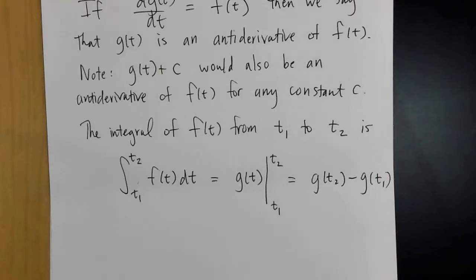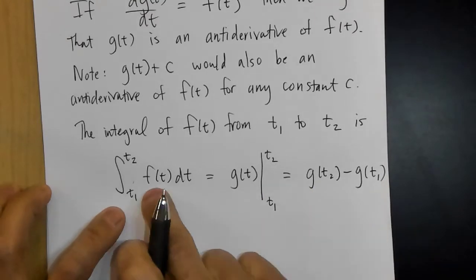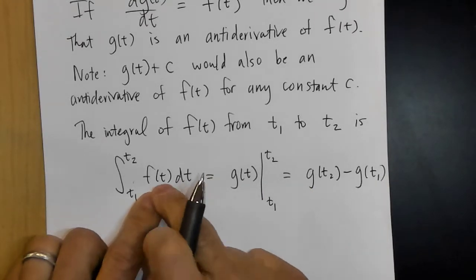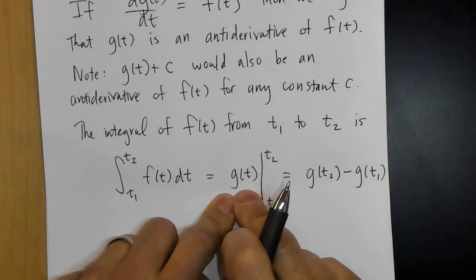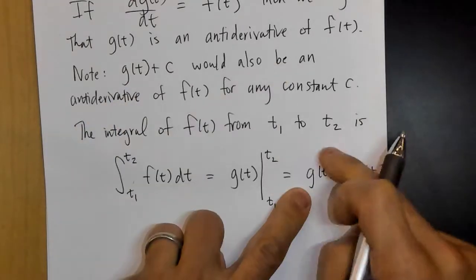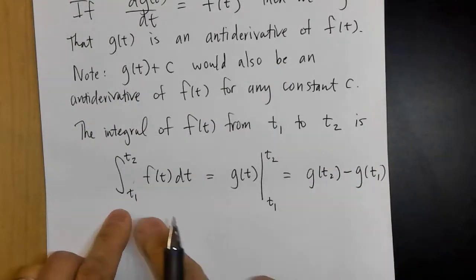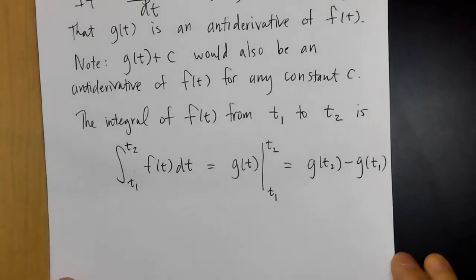Okay? That's just the definition of that. So this is how the integral works. You take the integrand, you find the antiderivative of the function. Any antiderivative would work. And then you evaluate that antiderivative at the top value, the end point, minus the value at the beginning, or the starting point. Okay. Questions about this?